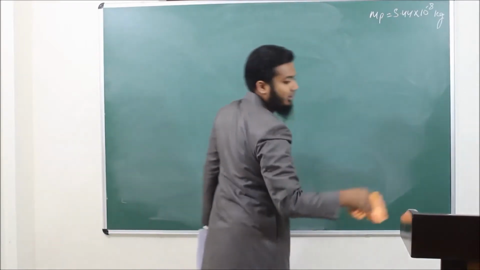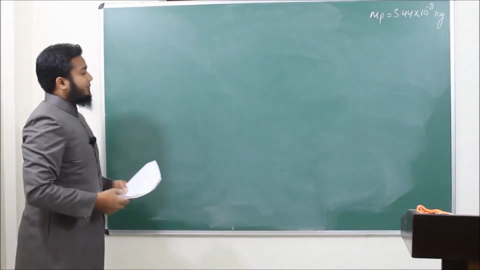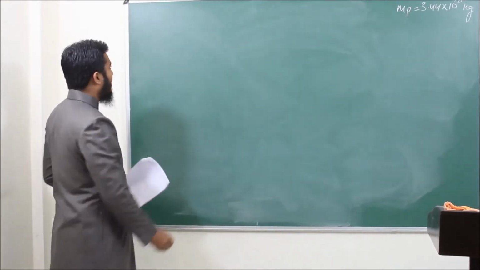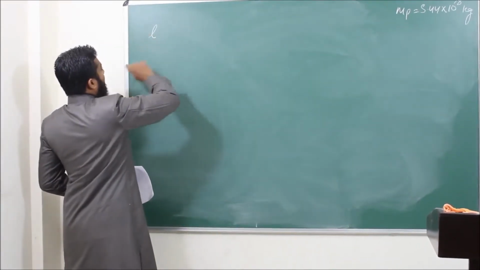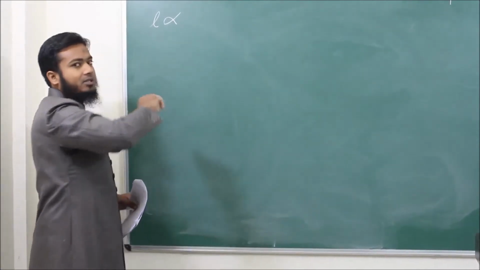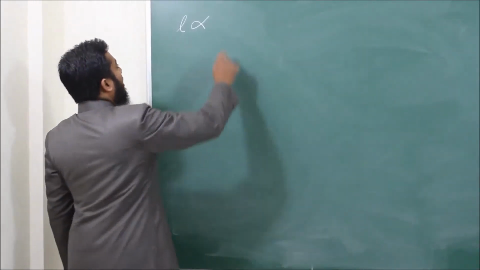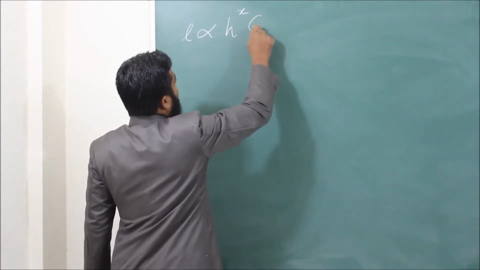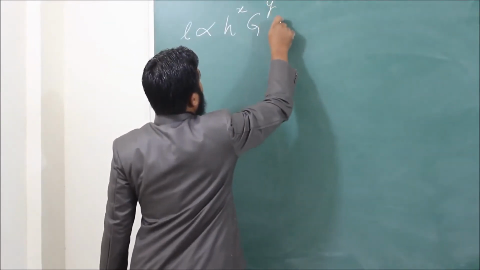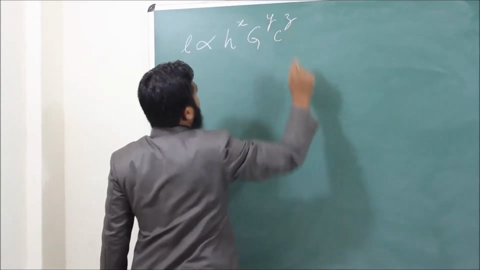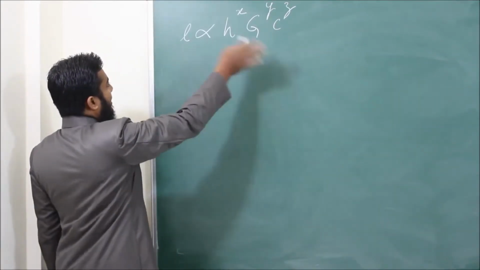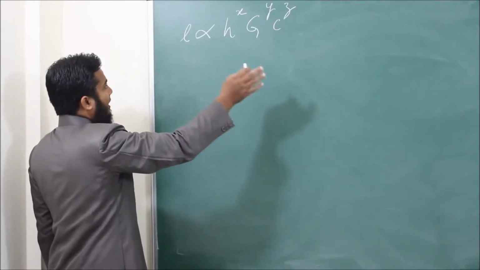I hope you have noted it down. Now, this time we are going to derive dimensional formula of length in terms of H, G and C. So I would again say that L is directly proportional to H to the power some, now say X, and G to the power some Y, and C to the power some Z. Then the dimensional consistency tells us that dimension on both sides should be equal.